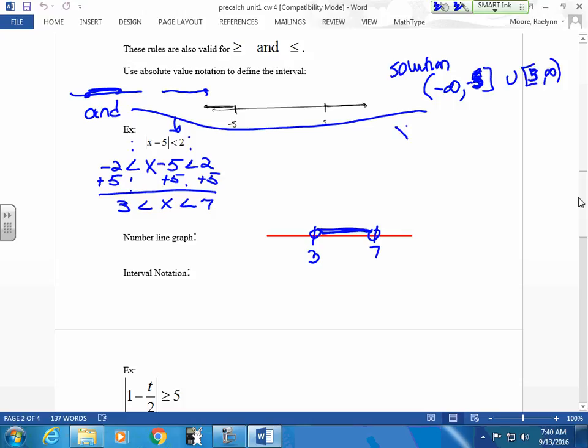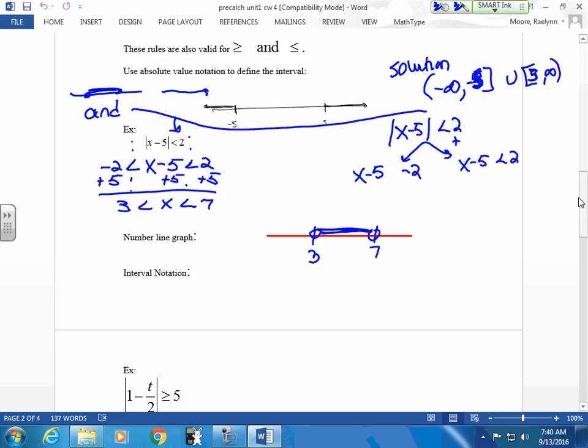Now, if you prefer to do this one the long way, that's fine too. It's isolated. Bring it down to the positive. This is your positive root. Bring it down to the negative. When you take the negative of this, what happens when you divide an inequality by a negative number?